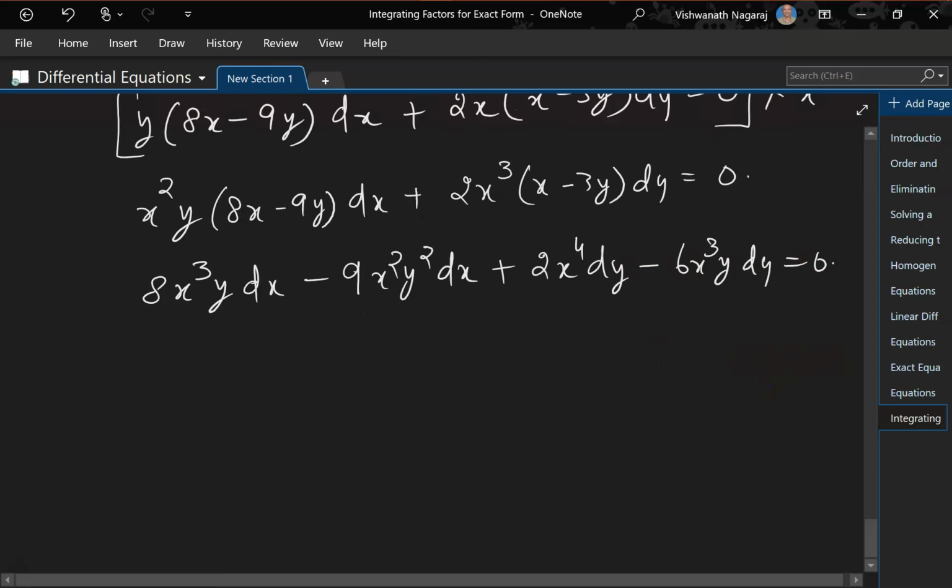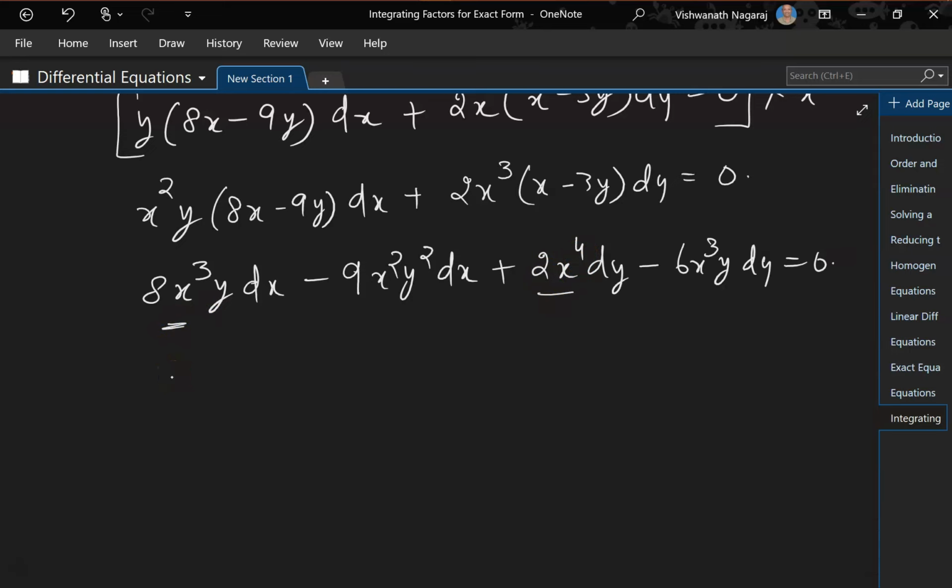Now you look at this and try to recognize some pattern. If you differentiate this, you will get 8x cube. Yes, so you have 8x cube here, right? Something familiar.